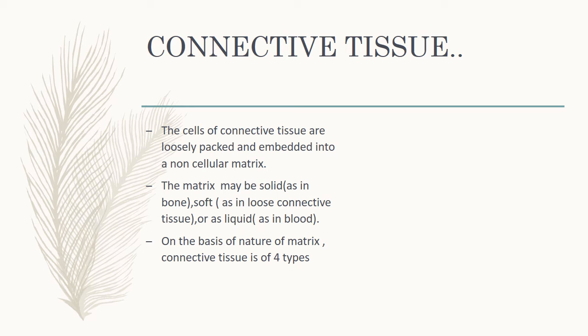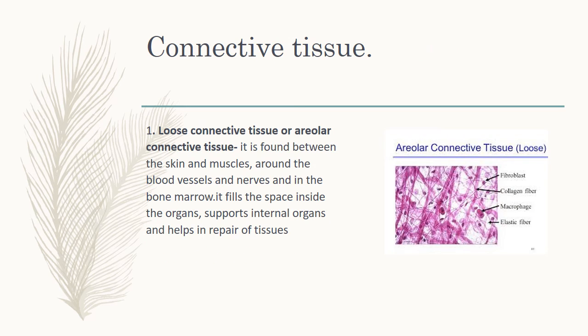On the basis of the nature of the matrix, connective tissue is of four types. They are loose connective tissue or areolar tissue. It is found between the skin and muscles, around the blood vessels and nerves, and in bone marrow. It fills the space inside the organs, supports internal organs, and helps in repair of tissues.